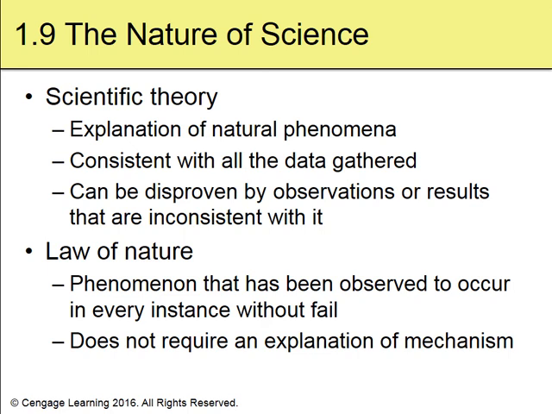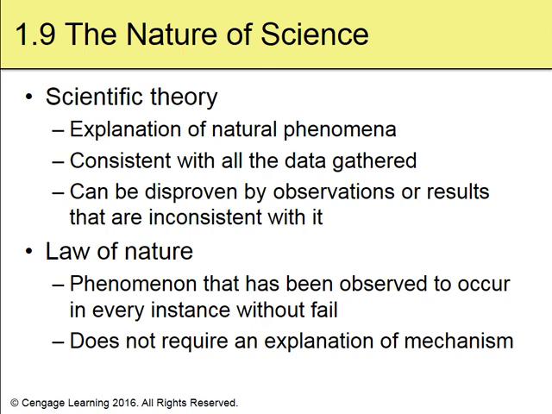So a scientific theory is basically an explanation of some phenomenon, and those phenomena, if they're repeated events, get kind of promoted into laws of nature. So it's a law of nature that the planets orbit around the sun.